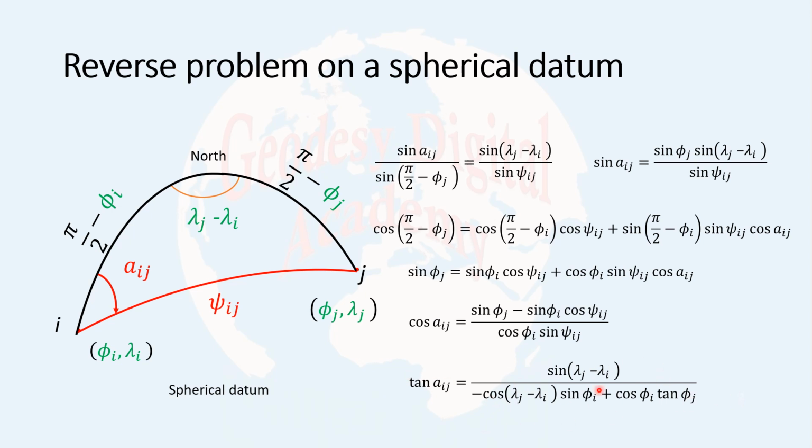As you see in this formula, there is no psi i j. You can directly insert latitudes and longitudes of the points there to get the tangent of the azimuth, or you can take the arc tangent of this value to get alpha, the azimuth.